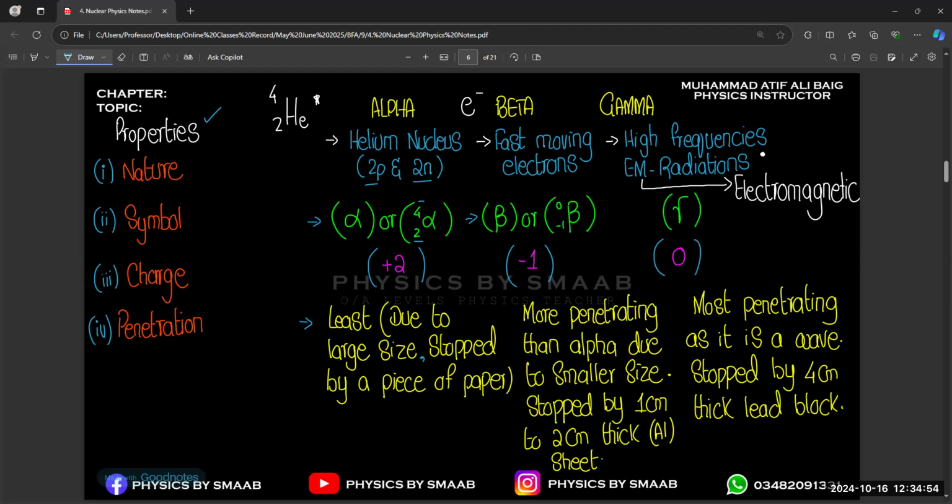So alpha particles or alpha radiations are not able to pass through the paper. They can be stopped by the paper. So if alpha radiation is coming out from any nucleus, you can wrap that material in paper so the radiation can easily be stopped, right? Any confusion?